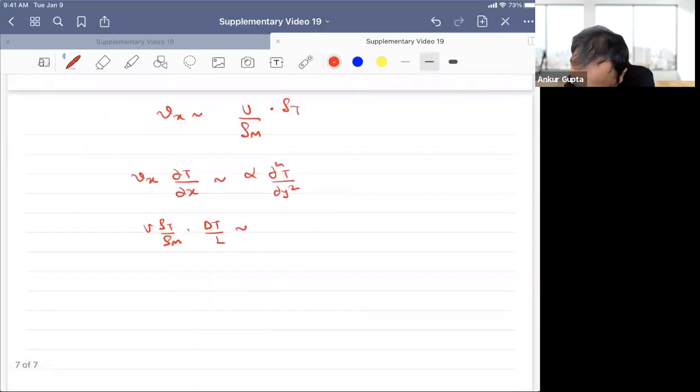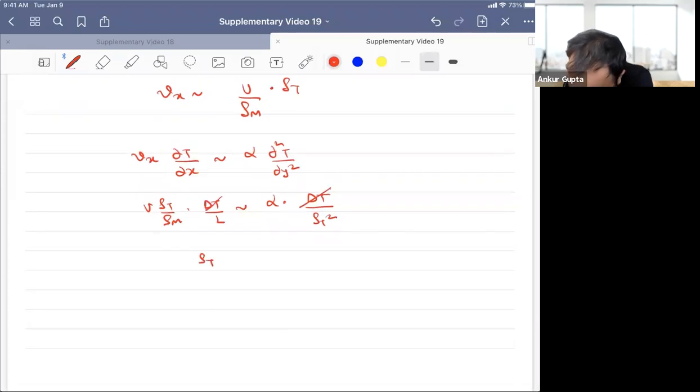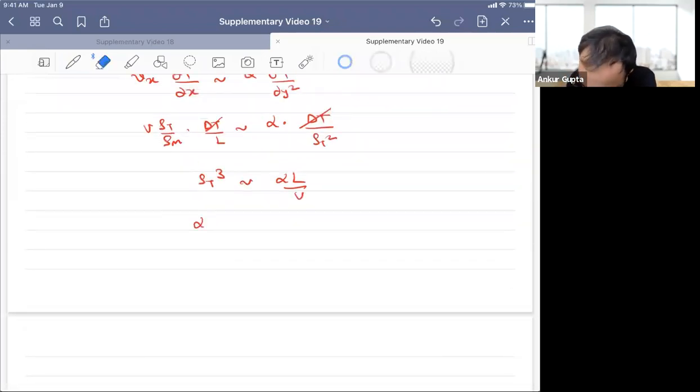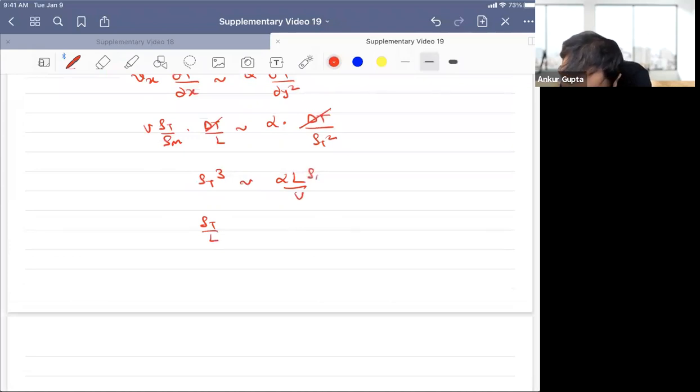Okay, and it scales as alpha delta t by delta t square. Cancel this out, and you'll get delta t cube is alpha L by u, and delta t by L is alpha L by u, and also delta m here.